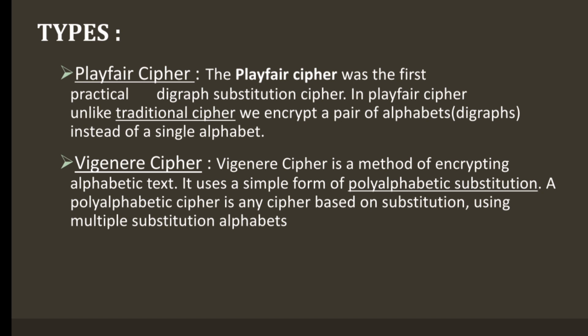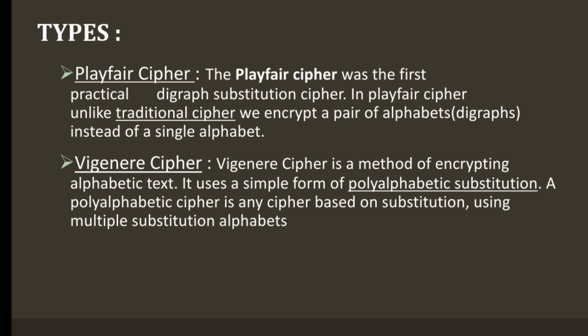The Playfair cipher was the first practical digraph substitution cipher. In Playfair cipher, unlike traditional ciphers, we encrypt a pair of alphabets, that is digraphs, instead of a single alphabet. Means here we will be considering two letters at a time and encrypt them accordingly.